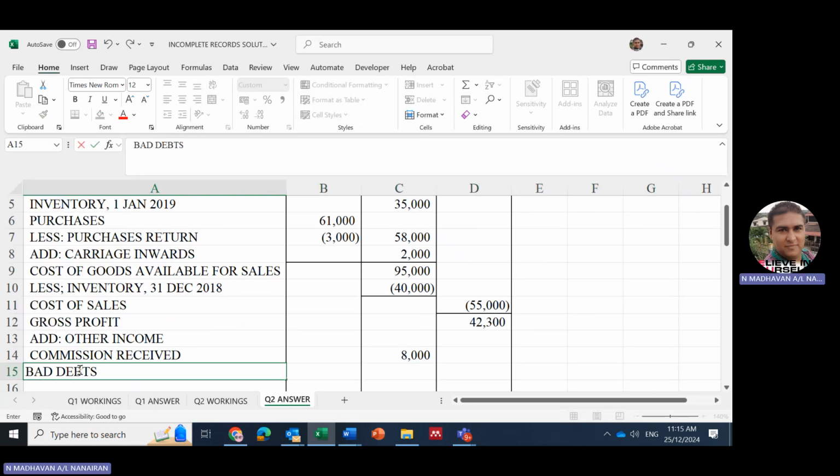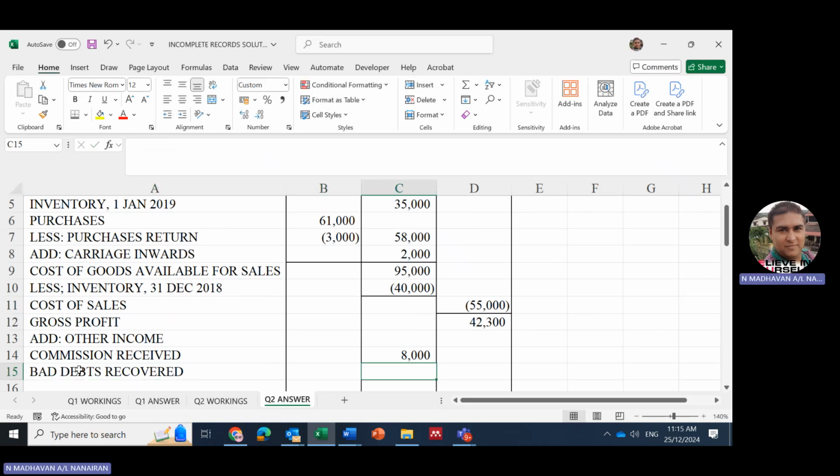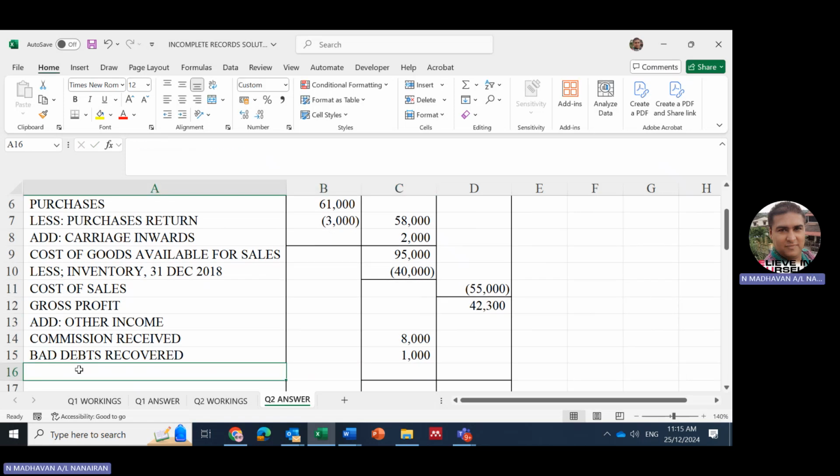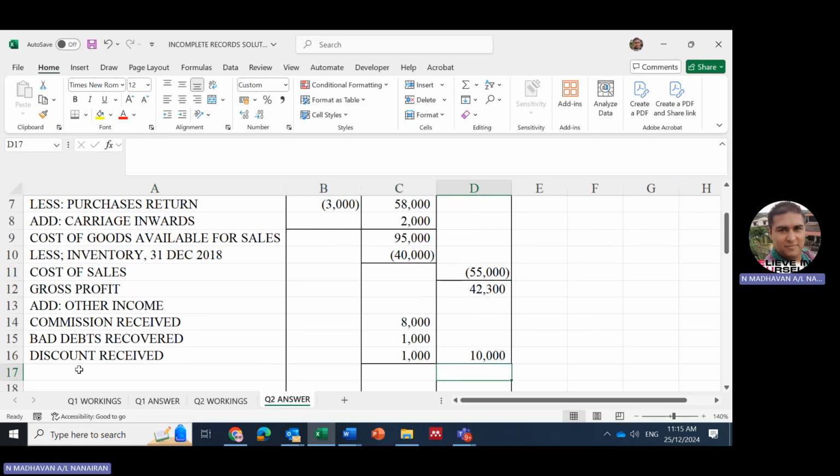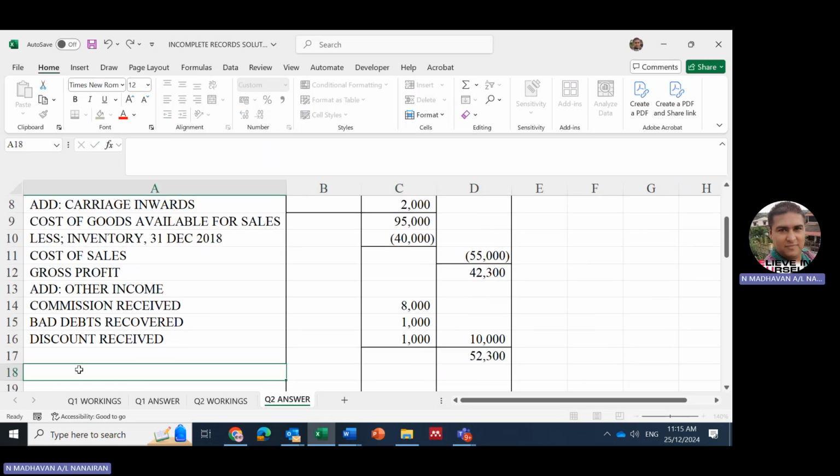Bad debts recovered. How much is bad debts recovered? 1,000. Then you have discount received. How much? 1,000. That equals 10,000, 52,300. Am I correct? You guys following? Okay, good.